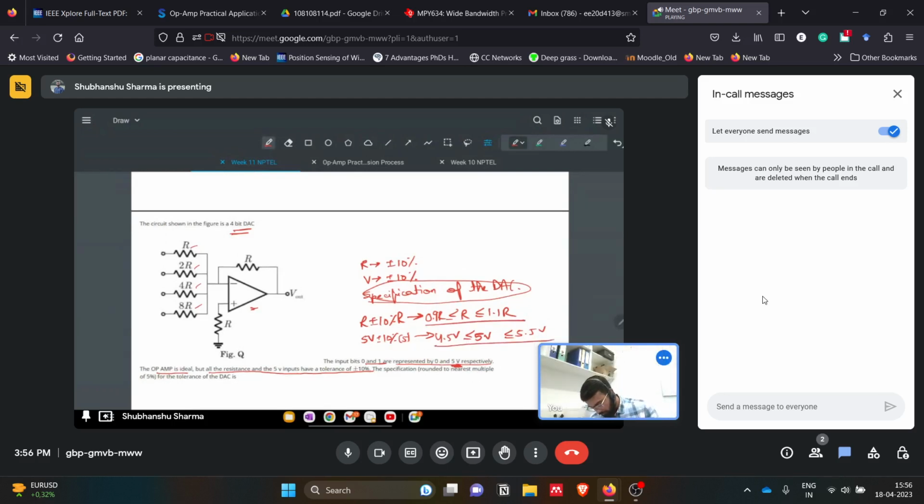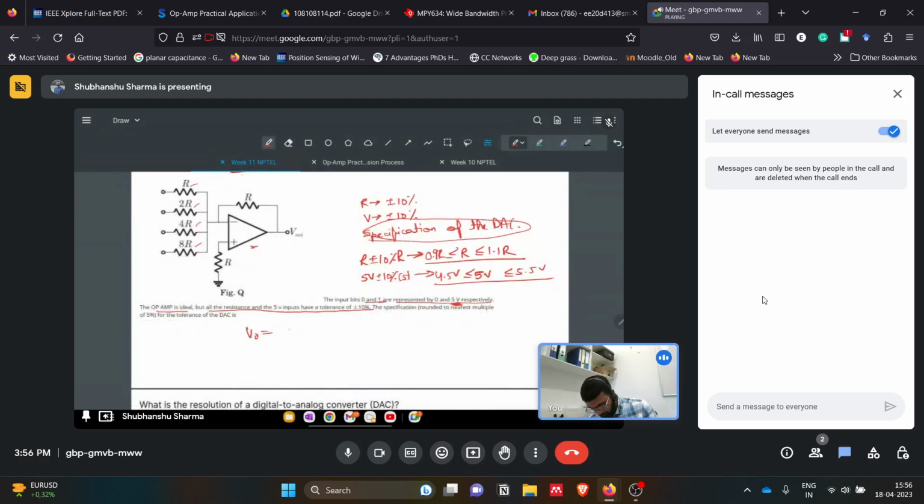Now we have the formula: V0 equals the full scale value VF times RF over R times (b1 times 2 to the power minus 1 plus ... plus bn times 2 to the power minus n). Both the resistances and the voltage have tolerances, so we need to find the specification for the tolerance of the DAC.